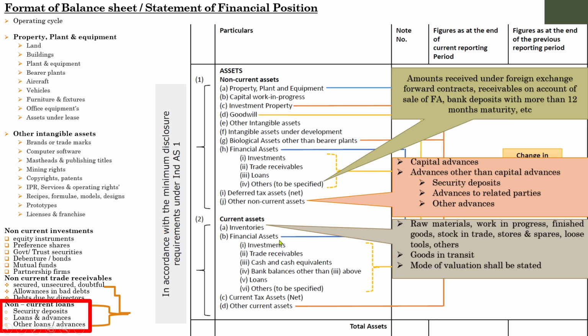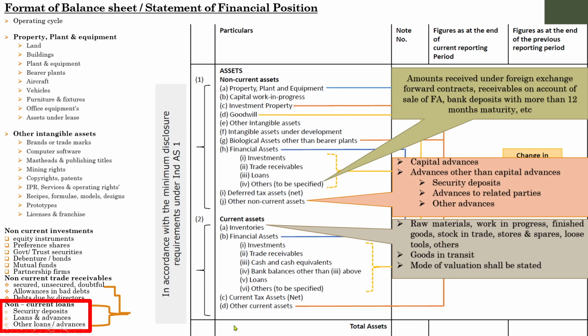Next one, financial asset. Just like the financial assets in the case of non-current assets, here also there will be another same head, financial assets. It is known as current financial assets. Under current financial assets, again there are certain headings: investments, trade receivables, cash and cash equivalents, current loans, other current financial assets.